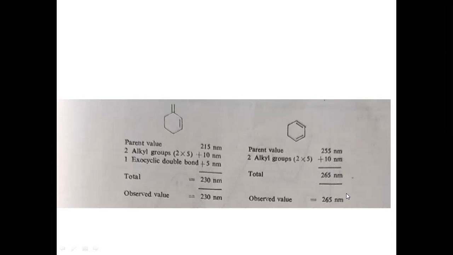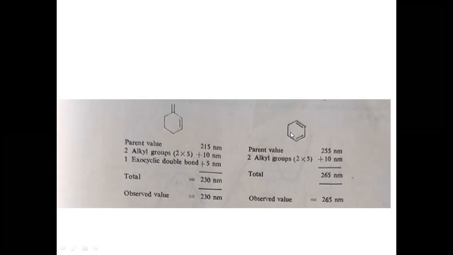Now if I put a double bond here, suppose here, what will be its contribution? How much further will that lambda max go? If I put a double bond here, then what will be the contribution of that double bond?